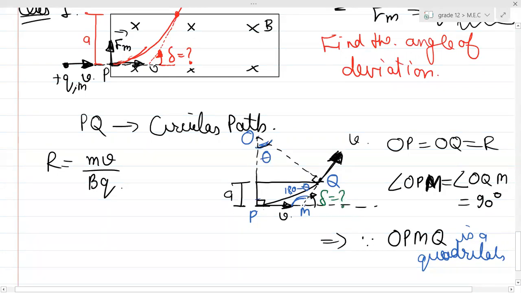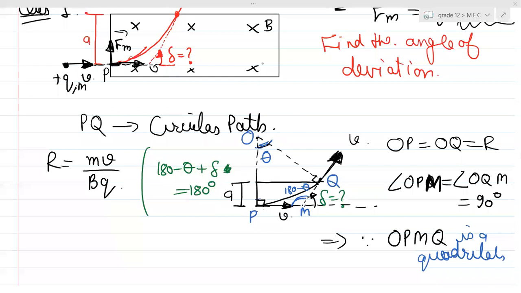Were we required to find out this angle of deviation? 180 minus theta plus delta is 180 degrees. So what happened? 180 and 180 will get cancelled out, and theta and delta will become equal, right?